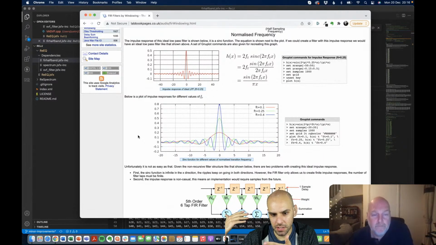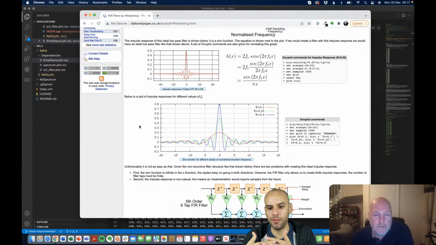That's the negative samples, that's all right. But we also need to look ahead. We also need to apply the impulse response to the samples that are going to come later, the positive numbers on the x-axis in this graph. And that's why the latency is necessary to run a fur filter.